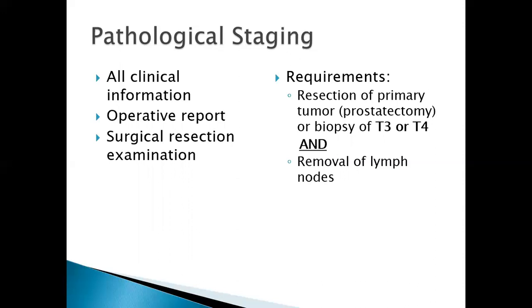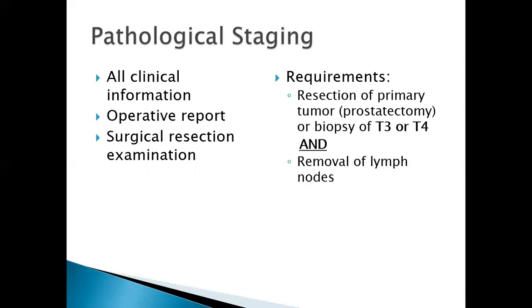Now, to assign the pathological stage, you need a prostatectomy or a biopsy proving a T3 or a T4 lesion, and lymph nodes must be removed. Okay, so you either have to have a prostatectomy, surgical resection of the prostate, or a biopsy proving the tumor to be a T3 or T4, and lymph nodes, okay? So that is the criteria in order to assign a pathological stage, all right?